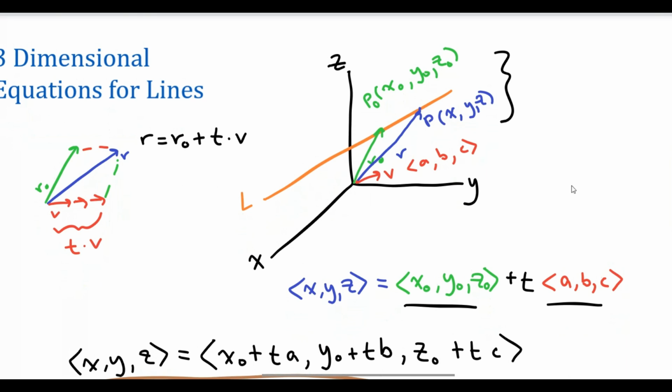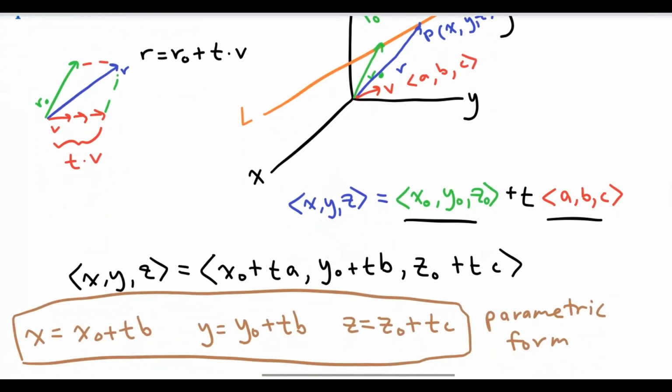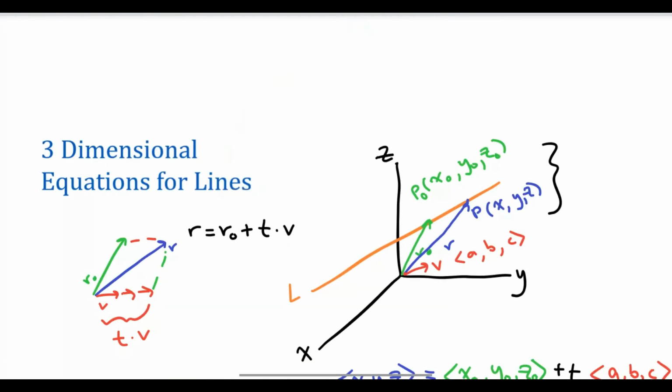Then we separate the x, the y, and the z components to have what is called the parametric form for a line in 3 dimensions. And in conclusion, all we need for an equation for a line in 3 dimensions is one point on the line as well as one vector parallel to the line.